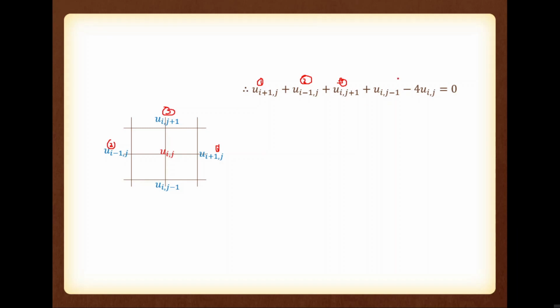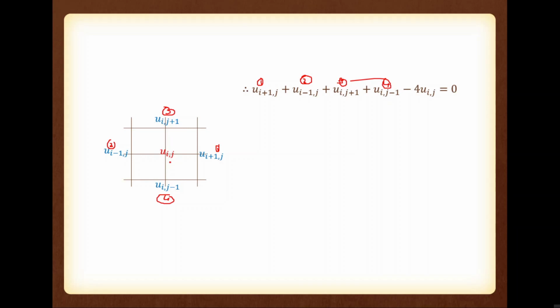Okay, now u(i, j minus 1) is this point. Now please note, by using these 4 points, 1 2 3 4, we can find u(i, j).